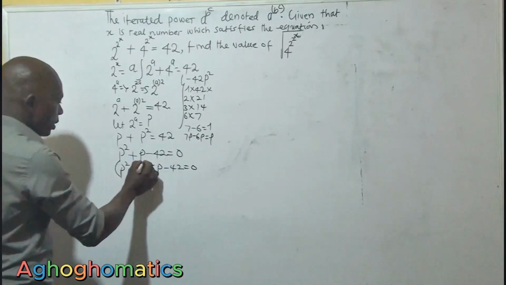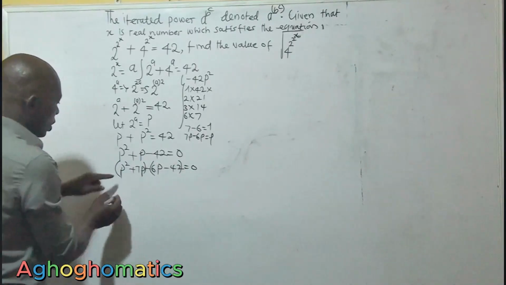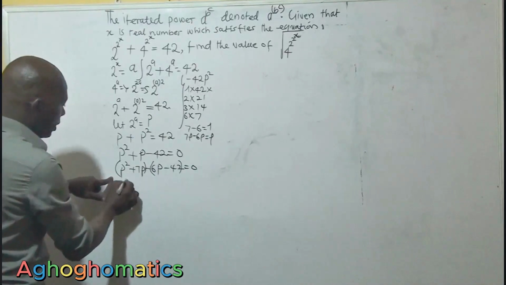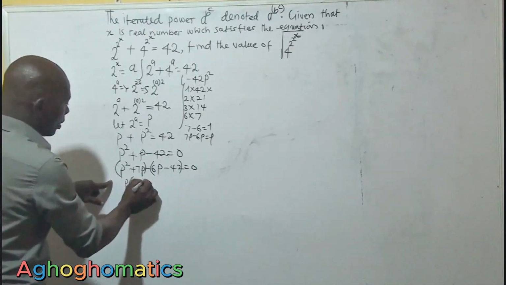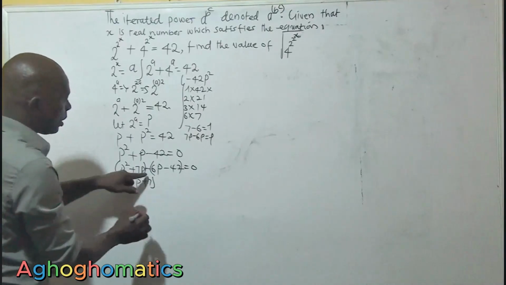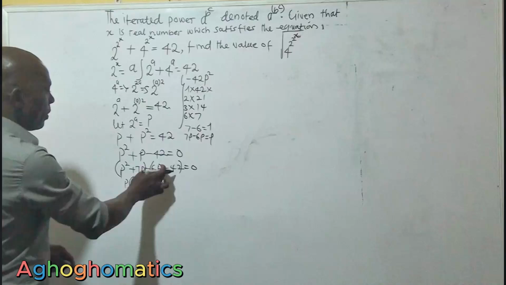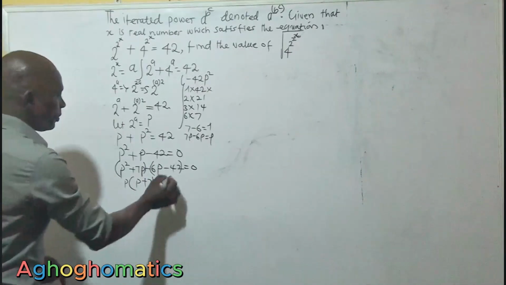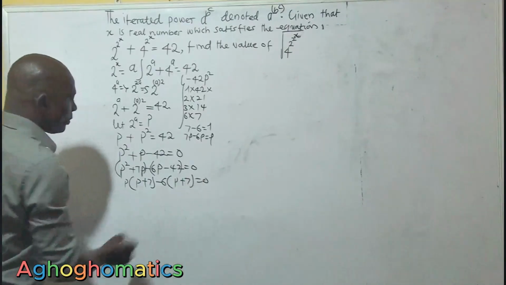So here let's group them into 2. The common factor between p squared and 7p is simply p. So p into p plus 7. Then the common factor between minus 6p and minus 42 is minus 6, into p plus 7 is equal to 0.